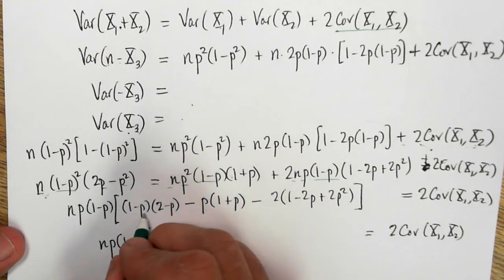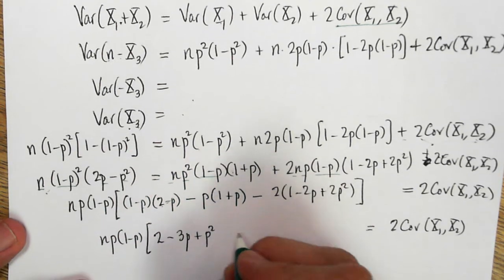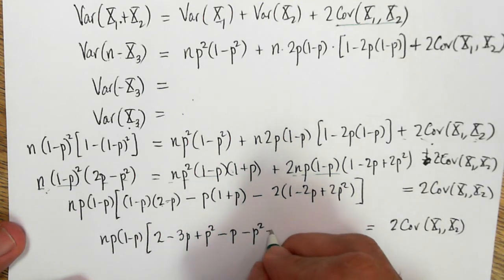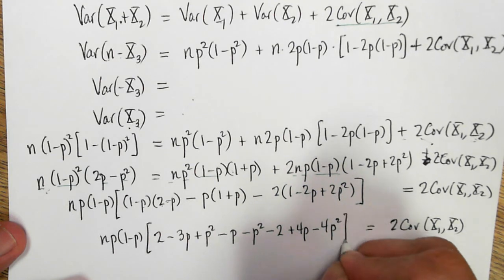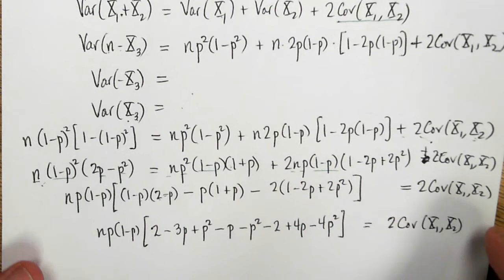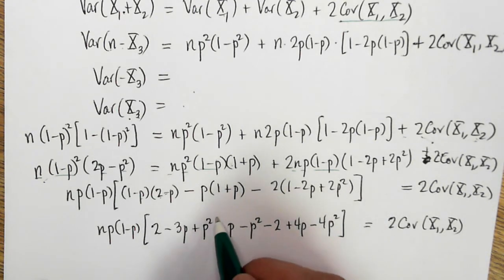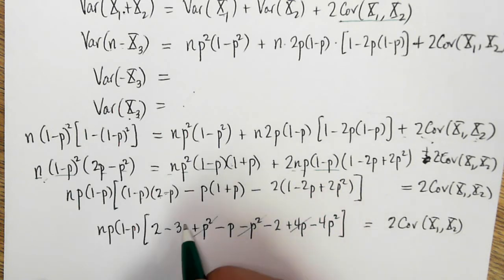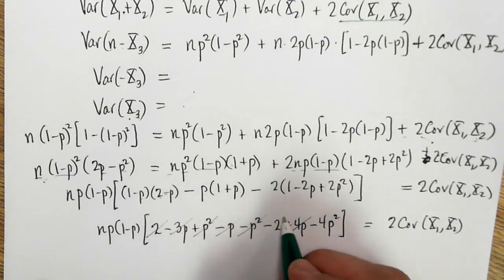We've got 2 minus 2p minus p makes minus 3p plus p squared. Minus p squared. Then minus 2 plus 4p minus 4p squared. And so let's see, how does it simplify? Well, p squared cancels minus p squared. We have 4p minus 3p minus p, and also 2 and minus 2.